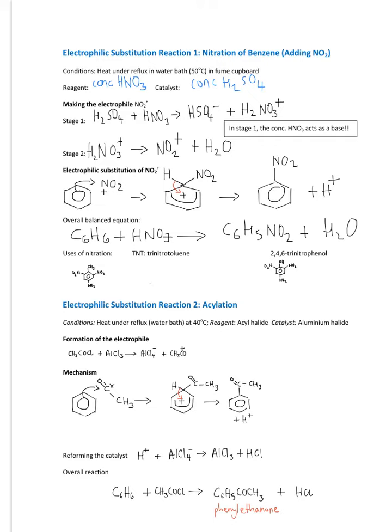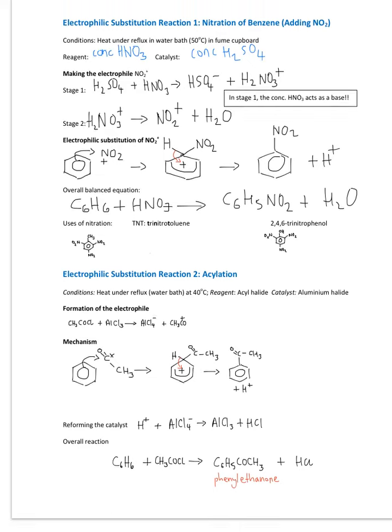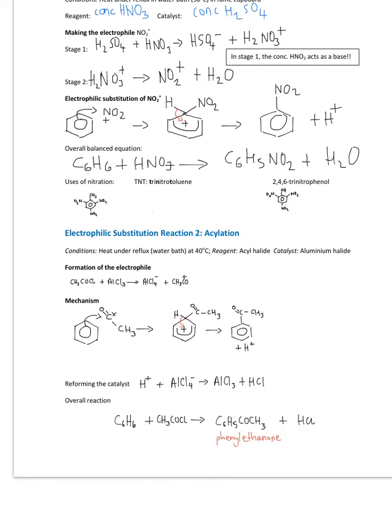The second reaction I'm going to talk to you about is the electrophilic substitution reaction of benzene to introduce an acyl group. An acyl group is the introduction of a carbonyl group. So what happens here is we heat under reflux with an acyl halide molecule, for example ethanoyl chloride, and it reacts with aluminium halide as the catalyst.